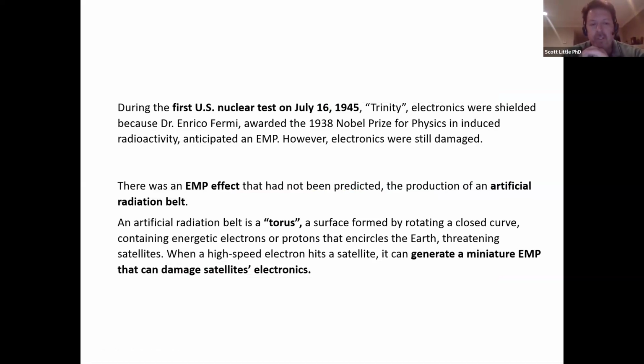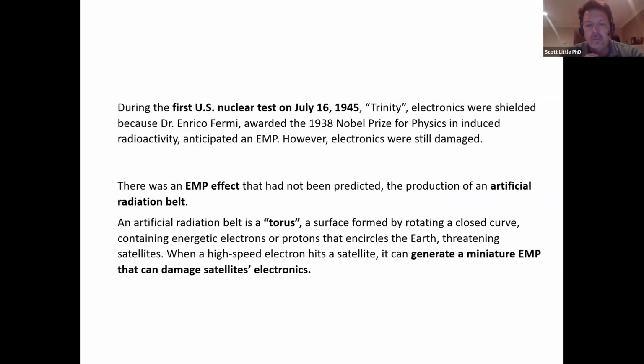During the first nuclear test on July 16, 1945, that was Trinity, out in the desert in New Mexico, they shielded electronics because of Dr. Enrico Fermi, one of the physicists who worked on the Manhattan Project there.